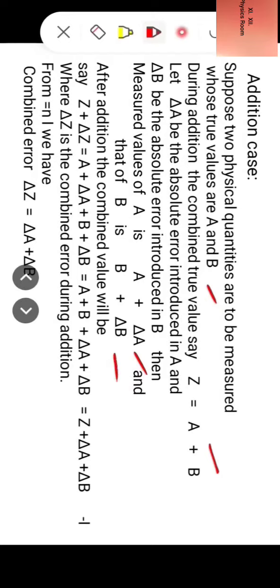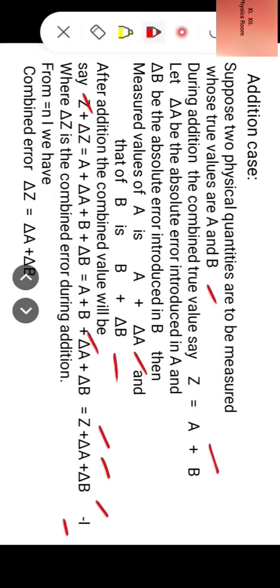Now after addition, the combined value will be Z plus delta Z is equal to A plus delta A plus B plus delta B, and it is equal to A plus B plus delta A plus delta B. We can write A plus B as Z, so we can express this as Z plus delta A plus delta B. Mark it as equation 1, where delta Z is the combined error during addition.